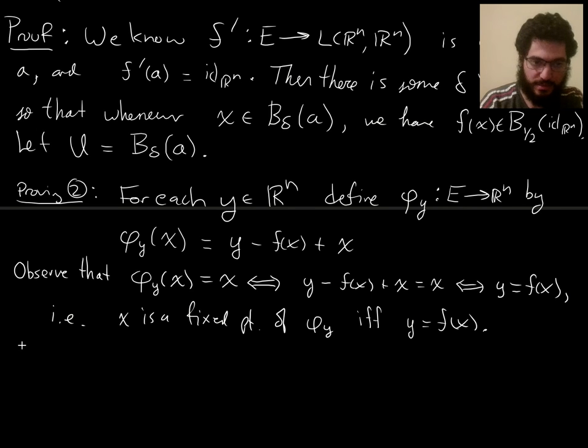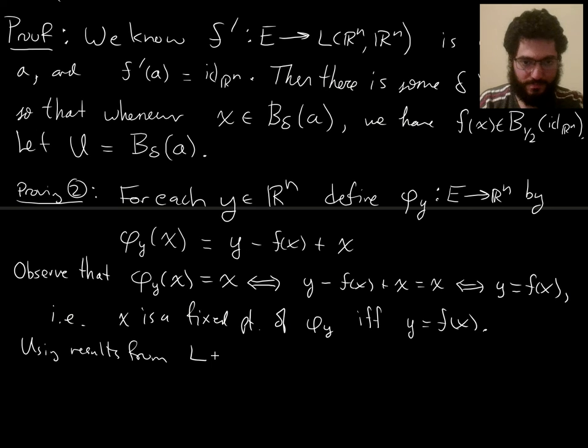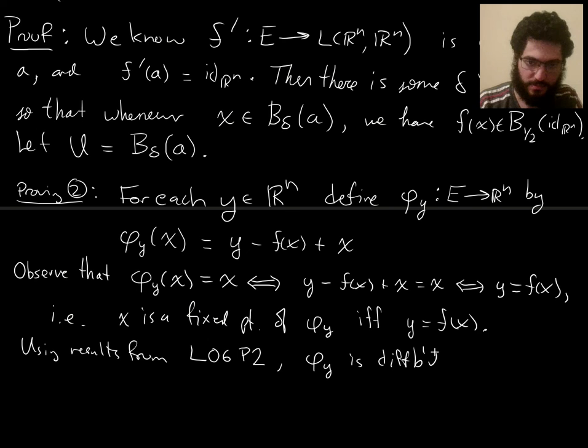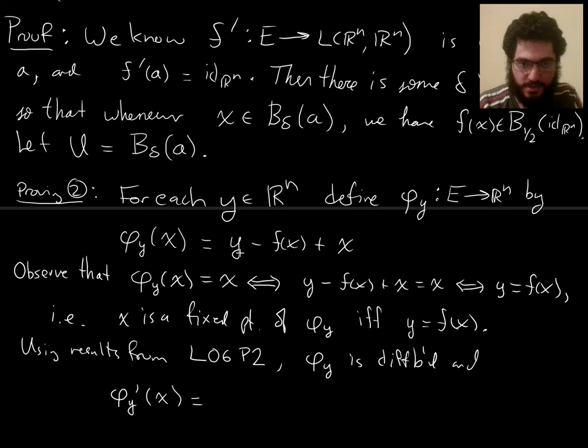So using those results from lecture 6, part 2, phi sub y is differentiable, and the derivative phi sub y prime of x is going to be, so the mapping x goes to the constant y, here y is fixed, right?